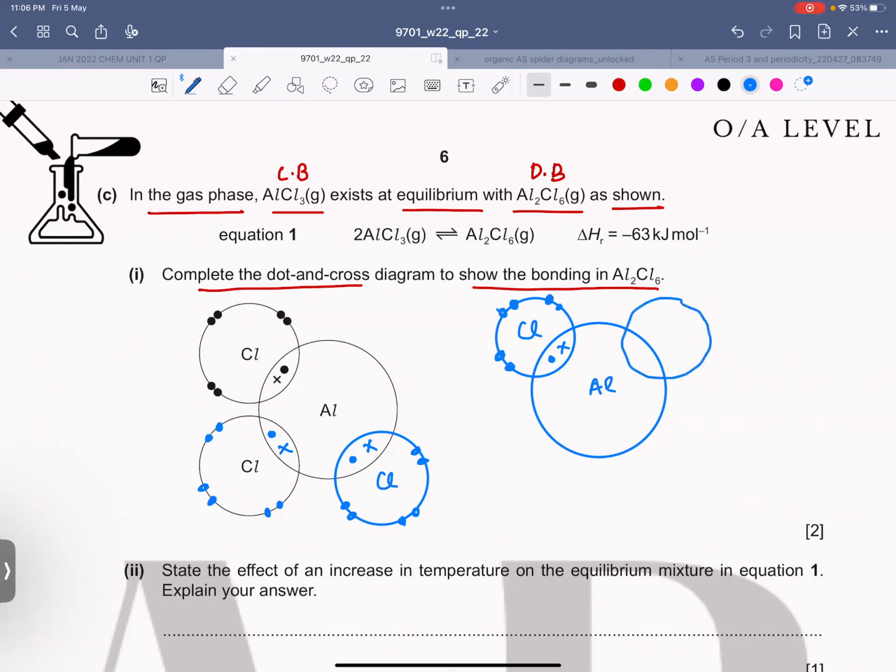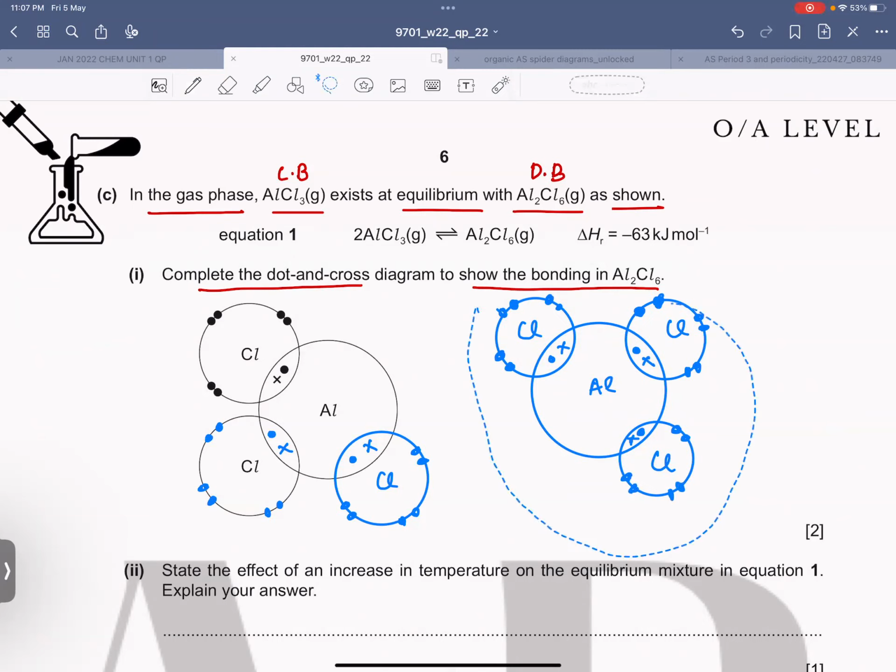Then here I have another chlorine atom sharing its one electron with the aluminium. And here we have another chlorine atom sharing its one electron with the aluminium. So these are two aluminum chloride molecules.